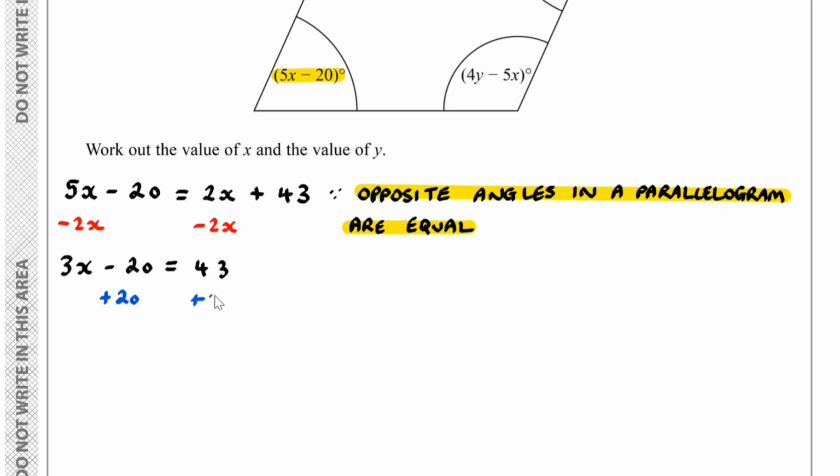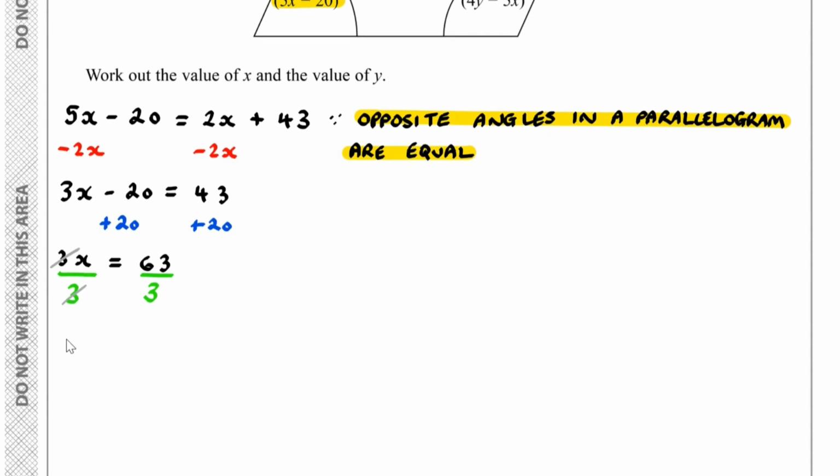Adding 20 to both sides, 3x is 63, and dividing both sides by 3, what we can see is x is equal to 21. So we've got x is equal to 21.